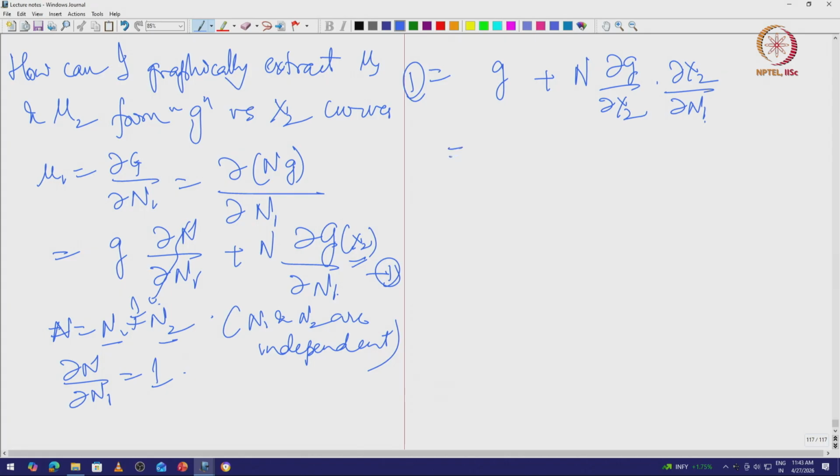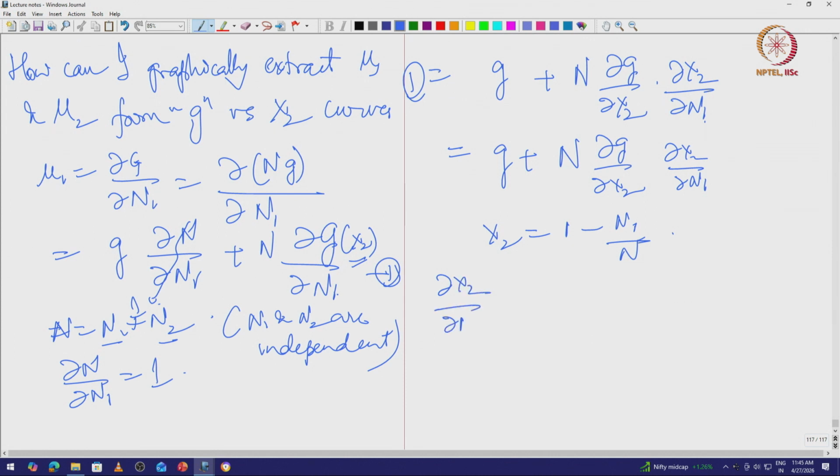And we have this relation that x2 is equal to 1 minus n1 by n. So I want to find what dou x2 by dou n1 is, and that is simply minus dou of n1 by n by dou n1.